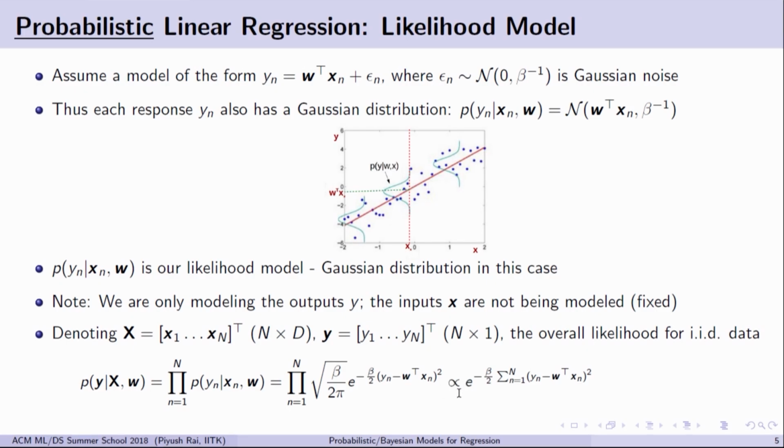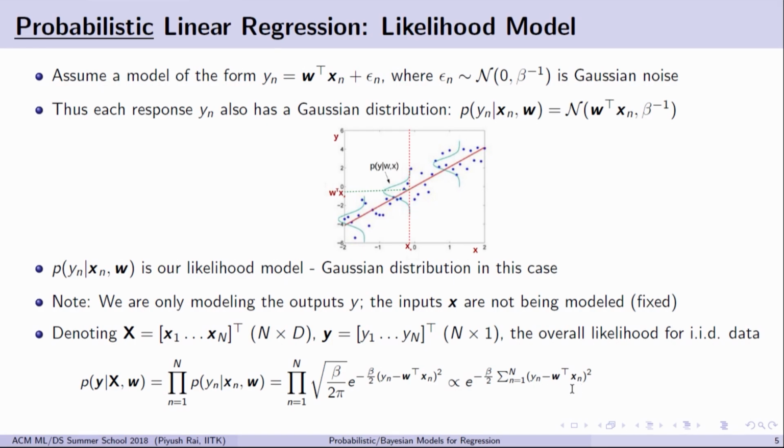Only the second term will matter. This will be e to the power minus beta by 2, and then the square terms get added up because the product turns into a summation in the exponent. So the likelihood P of Y given X comma W is proportional to e to the power minus beta by 2 times the summation over the squared errors, yn minus w transpose x squared.